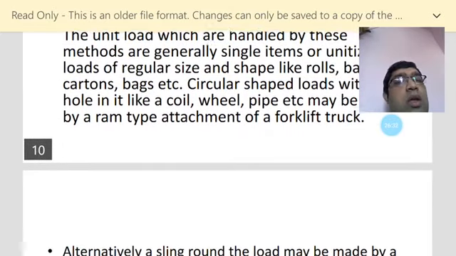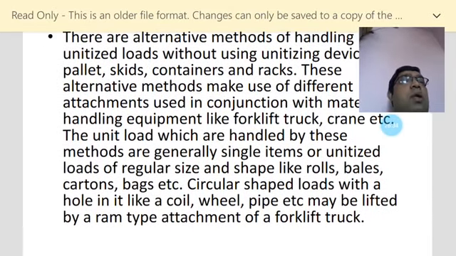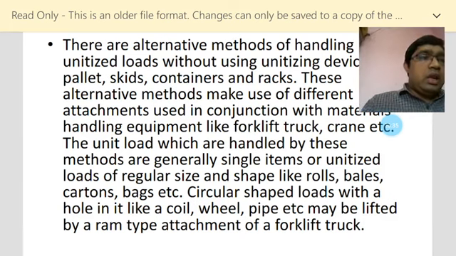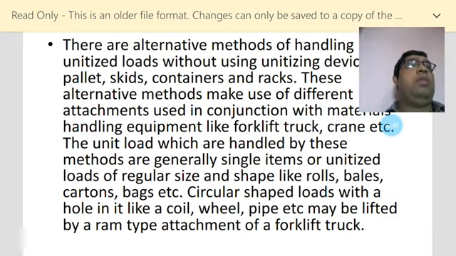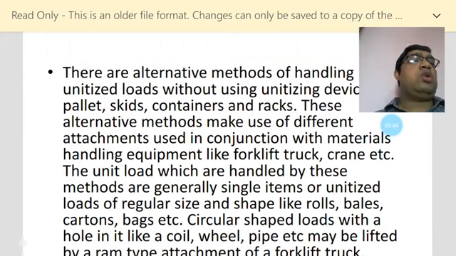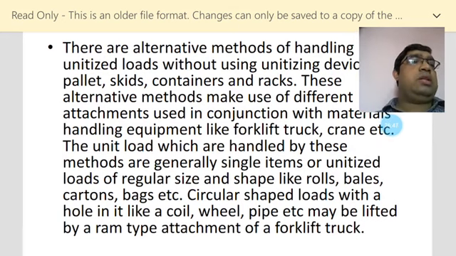Basically, in front of the forklift trucks you can see the two lifting forks. During the lift, first we have to load the materials, and the heavy loaded materials will be transferred, so lifting and lowering will be required.